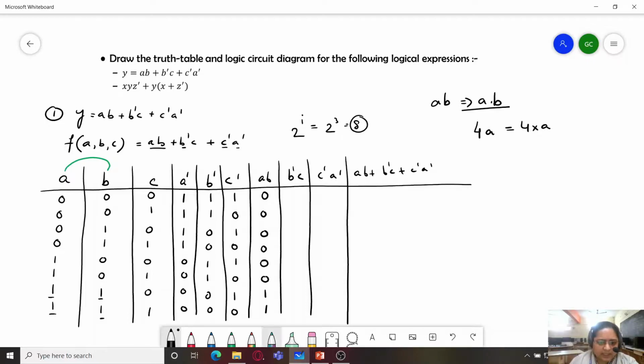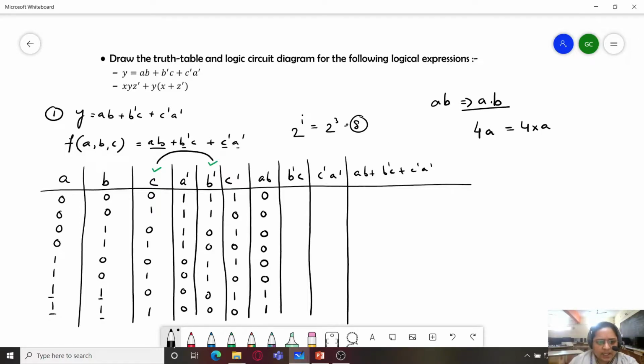Now we have B dash and C. So it's going to be this C and B dash, that is AND operation between these two. AND operation will be performed between these two.